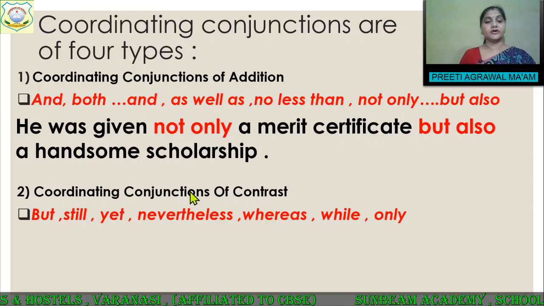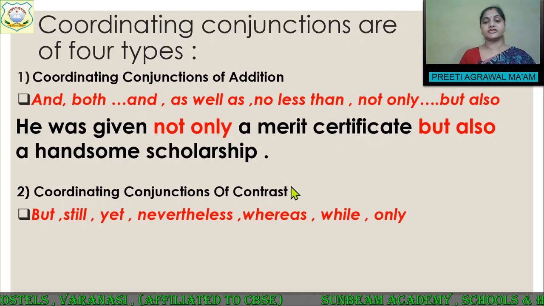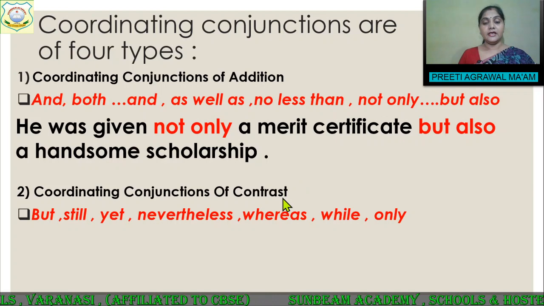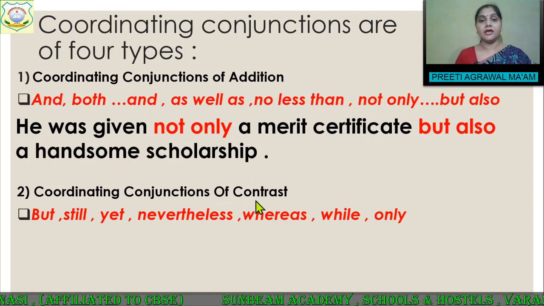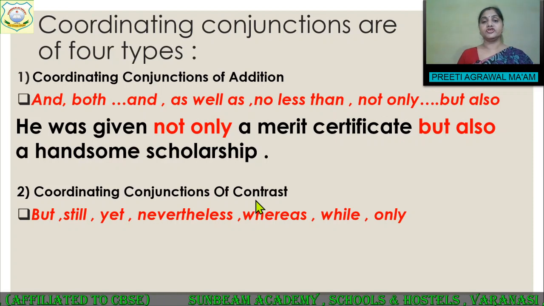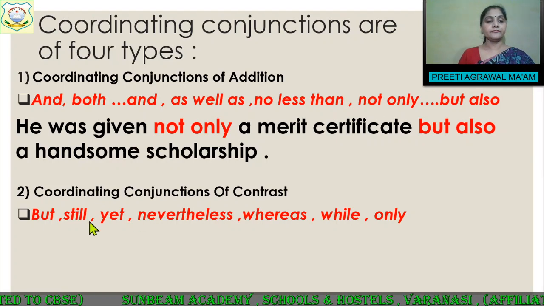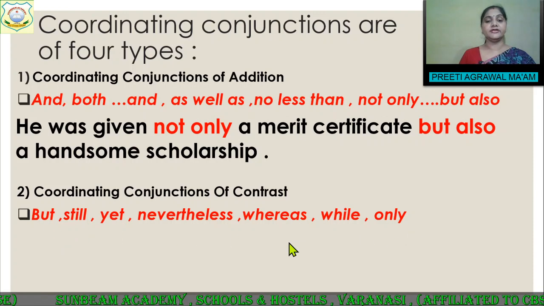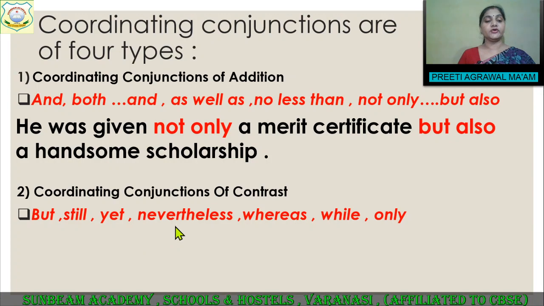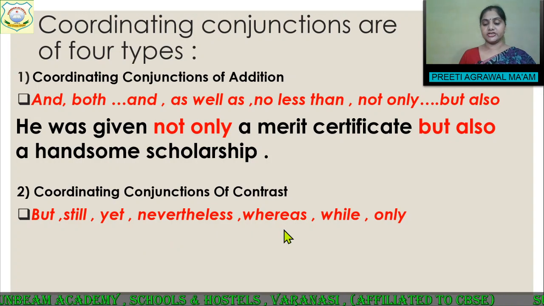See, the next one is coordinating conjunction of contrast. Contrast means any word which you use to express contrast. It shows the contrast, meaning just two opposite ideas. But, still, yet, nevertheless, whereas, while only. These conjunctions you can use as coordinating conjunctions.